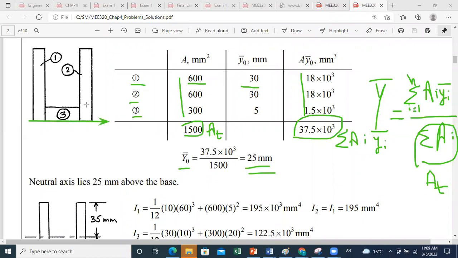Okay, so we can say that the neutral axis is at 25 millimeter from the bottom. And this is then my neutral axis location.